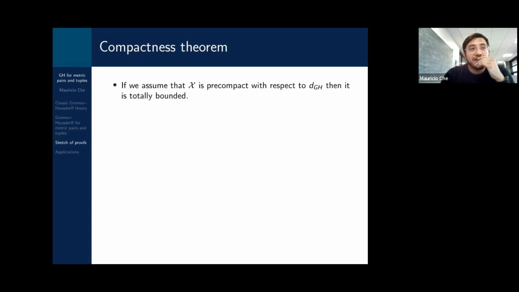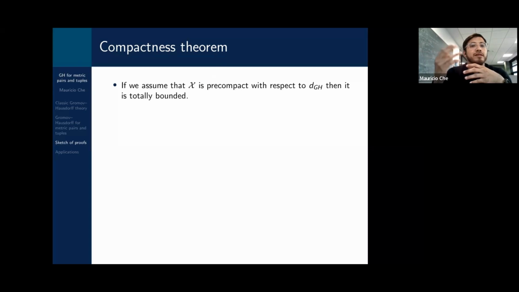And finally, regarding the pre-compactness or compactness theorem, remember, it is a characterization of pre-compact classes. So first, we start with a class that we already know is pre-compact, and we want to prove that it is uniformly totally bounded in the sense of metric pairs. Being pre-compact means that any sequence has a convergent subsequence.